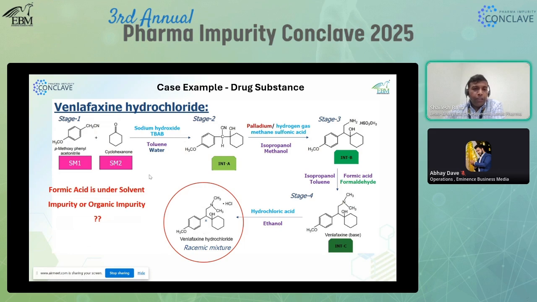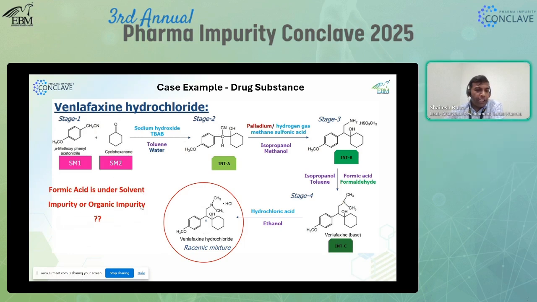So now in the next, formic acid is under solvent and the impurity is organic impurities. There are many cases. What are the organic impurities and inorganic impurities? And impurities out of impurities are many. So there is a residual solvent. Formic acid is considered an organic impurity, an organic solvent.